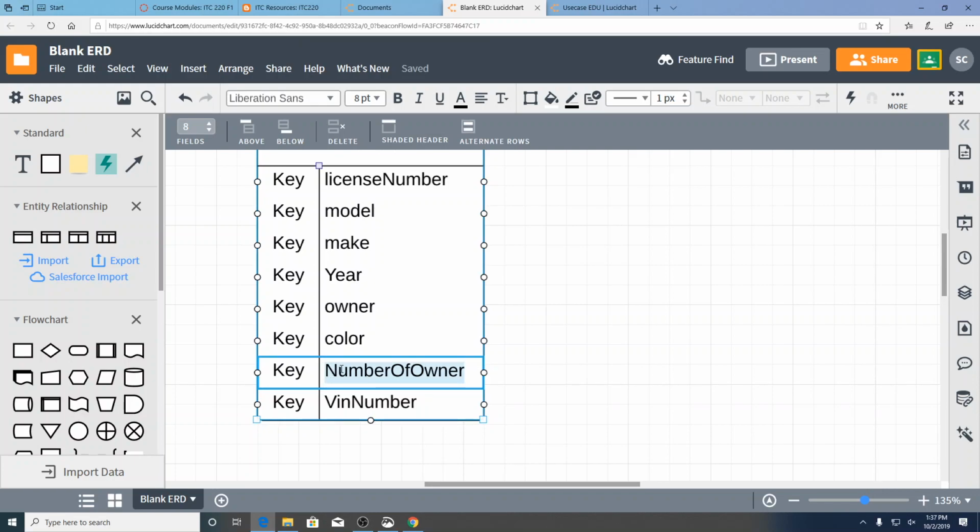How do I get more rows? The way you add rows is, wherever you want, you can do below or above. I'm missing that little toolbar. Click on one of these. Oh, sorry. Thank you.